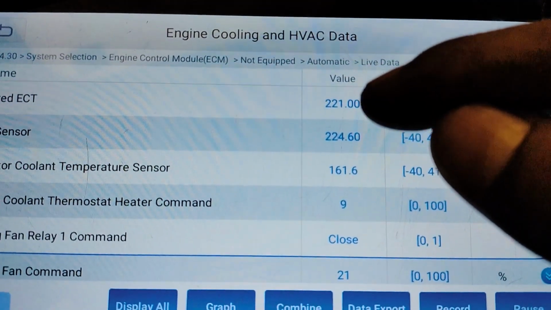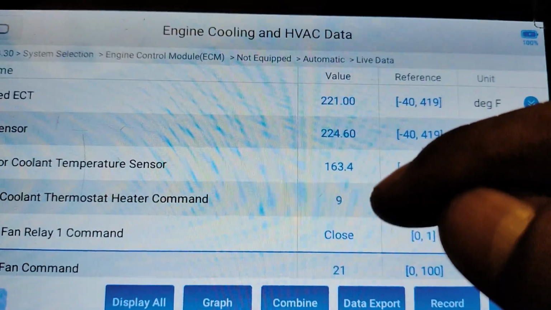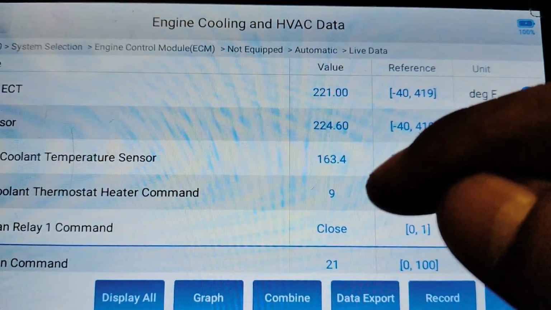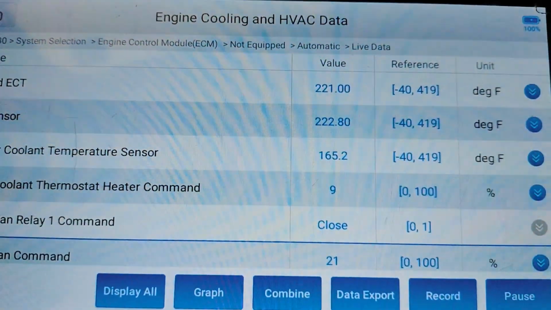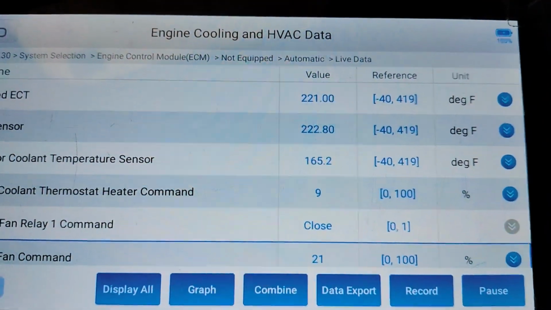The vehicle has to be around 221, but if it's above, then the thermostat will open. The computer would command the thermostat to open in order to stay around that 221 Fahrenheit.